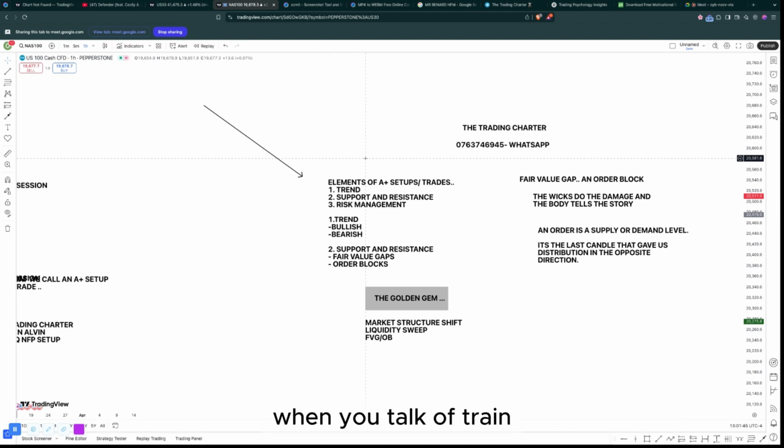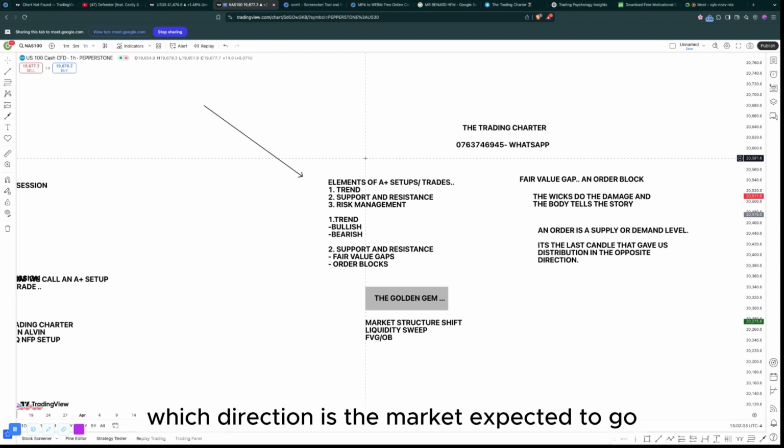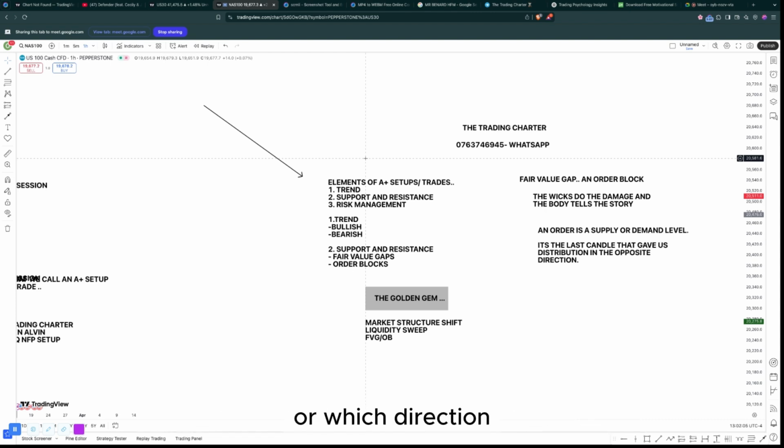When you talk of trend, let us focus on the trend. Trend literally means direction in trading. So when we talk about trend, what has to come into your head is direction. Which direction is the market expected to go, or which direction is the market anticipating to deliver price? That's the trend we are talking about.